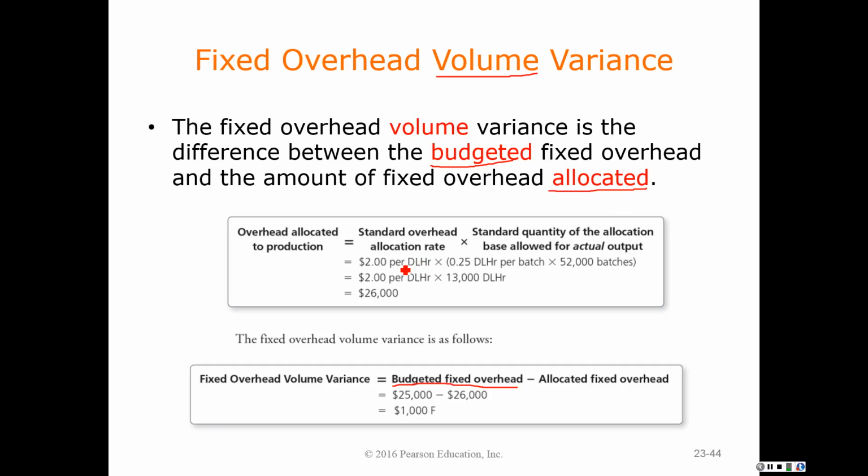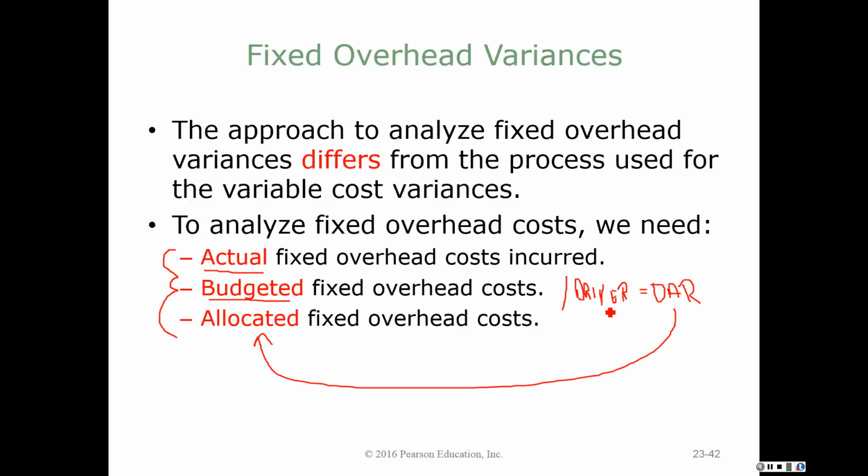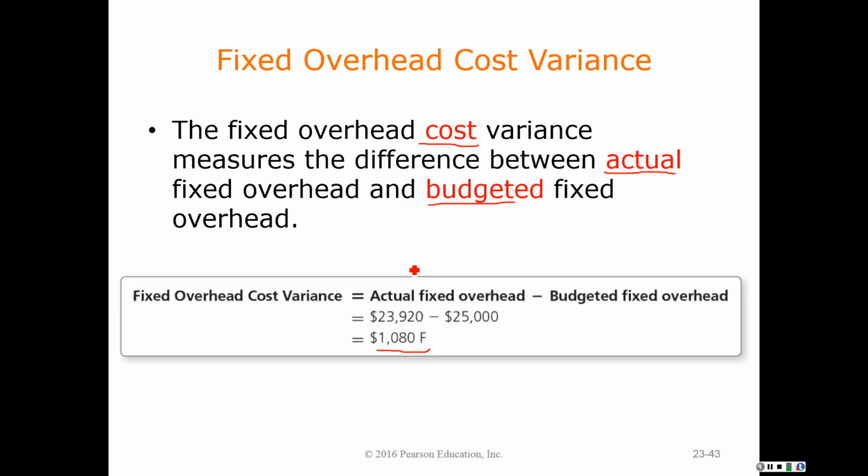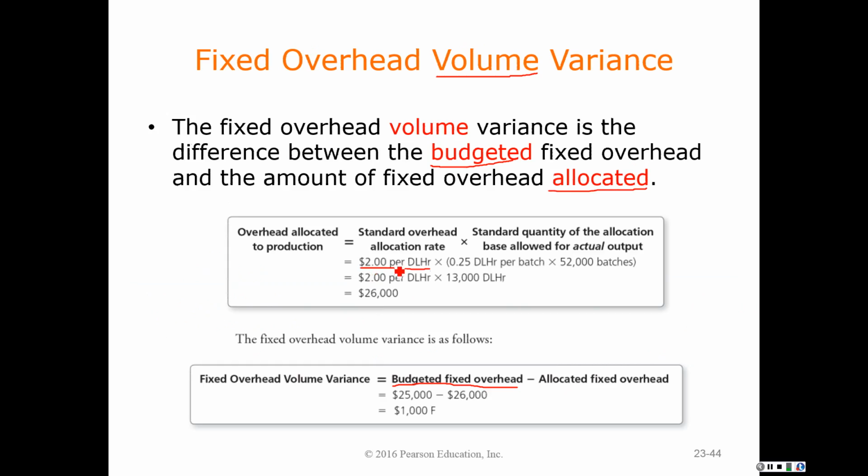Well, remember, we had estimated that our overhead allocation rate should be $2 per direct labor hour using this formula here. Budgeted fixed overhead divided by some type of driver gives me my overhead application rate of $2 per direct labor hour. All right, so this is my standard. And I am going to multiply that.